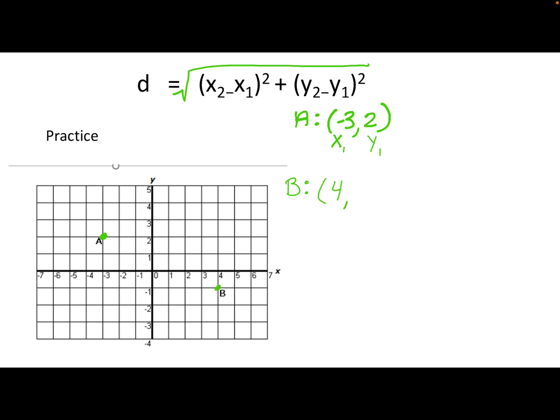We went over 4, down to -1. So that's x2, y2. Go ahead and substitute your numbers in, and then check back to see if the final answer matches yours or not.